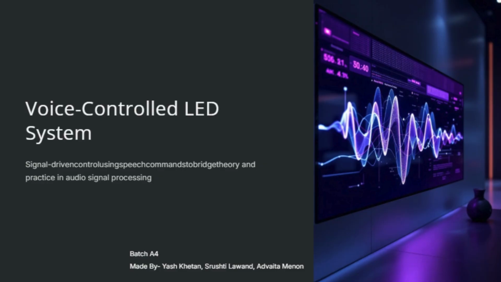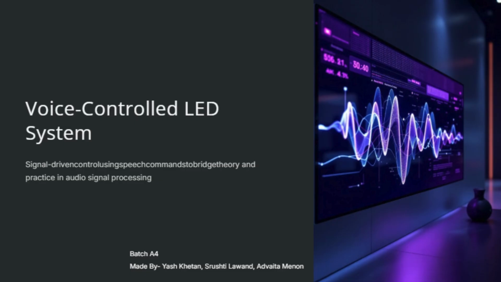This project directly connects to signals, networks, and systems because it treats your voice as an input signal, processes it through multiple signal stages, and finally produces a controlled output, the LED lighting up in different colors. In this system, the voice acts as the analog signal, which is then sampled, filtered, transformed, and classified using a combination of signal processing and machine learning techniques.